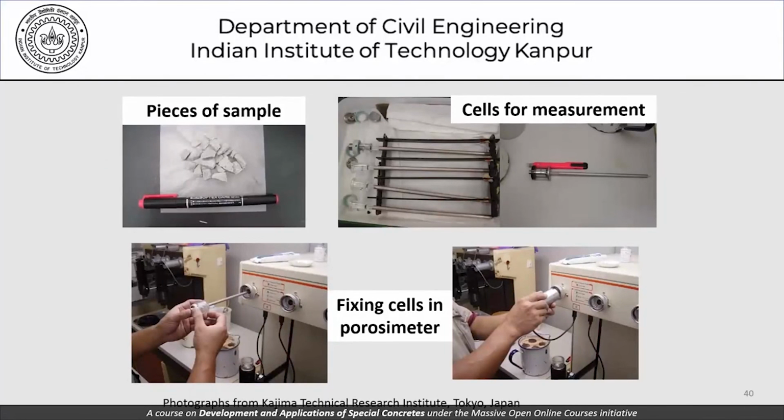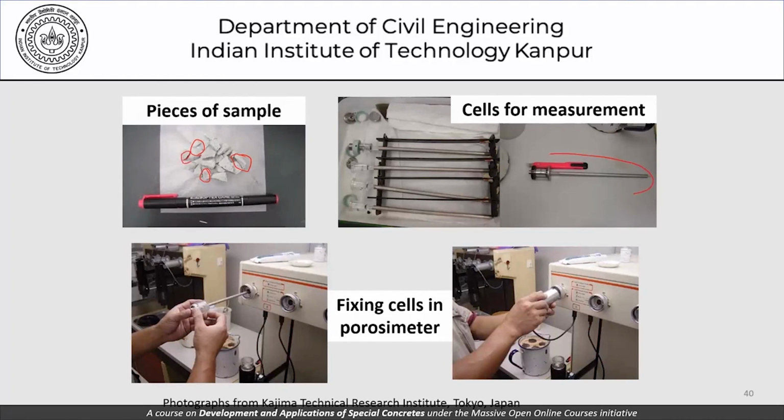This slide here shows pictures of mercury porosimetry in actual practice, the actual experiment. We can see here some samples which have been taken from a hardened cement paste. This is the cell that we talked about.